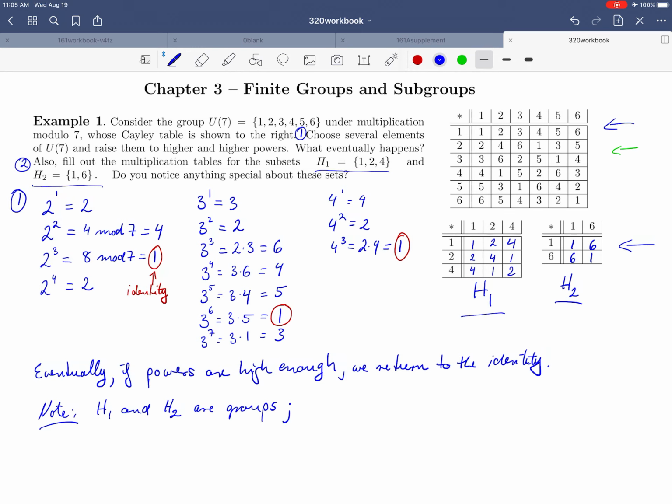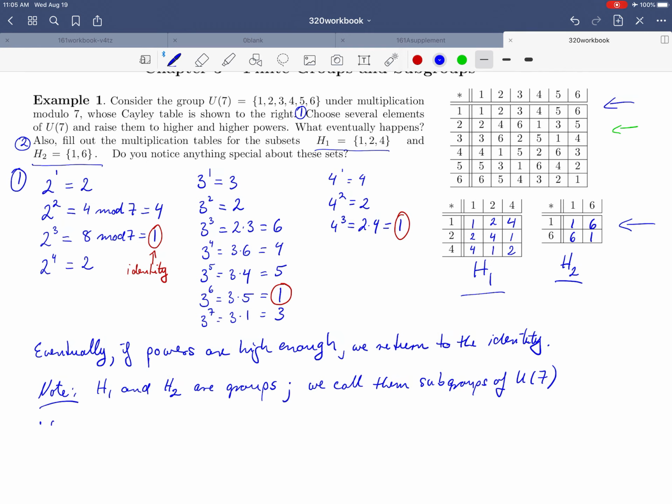And since they come out of subsets of this bigger group U7, we call them subgroups of U7.